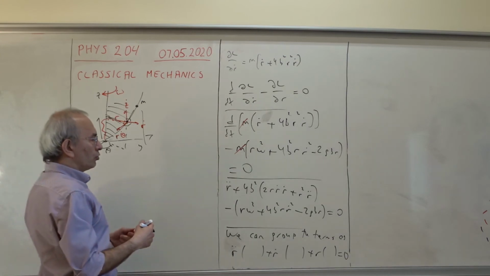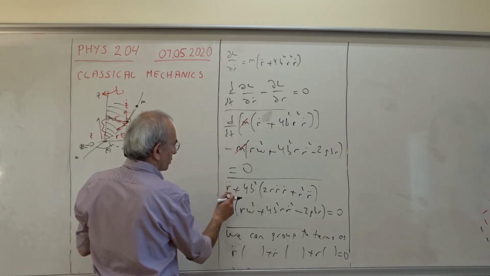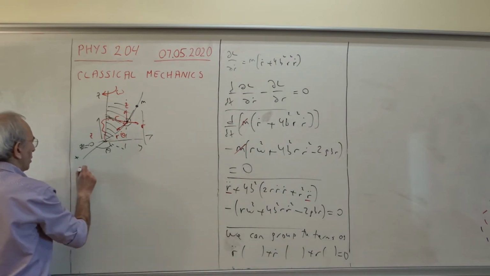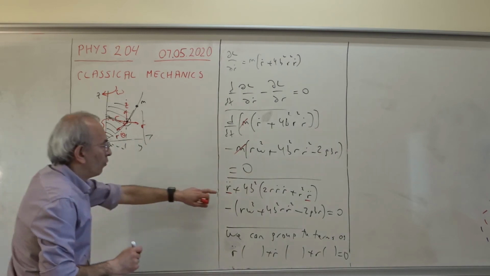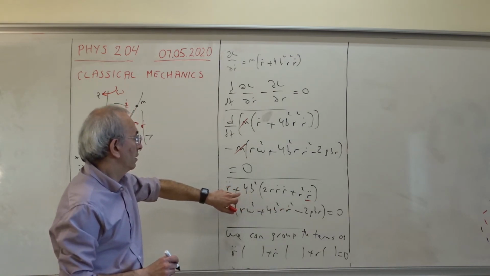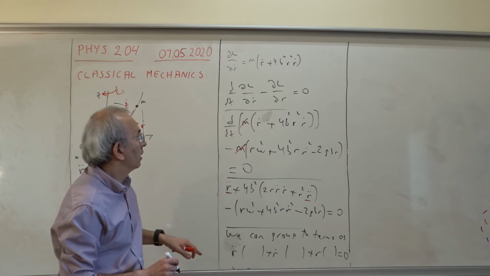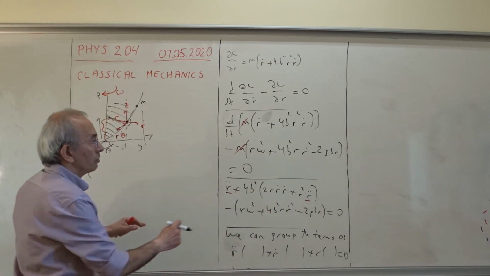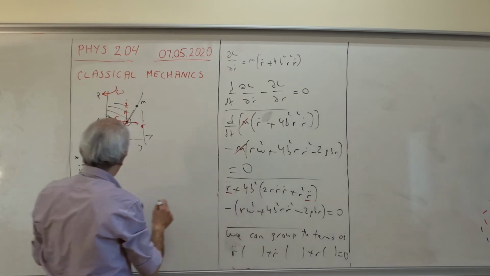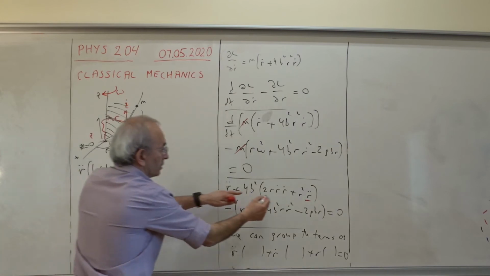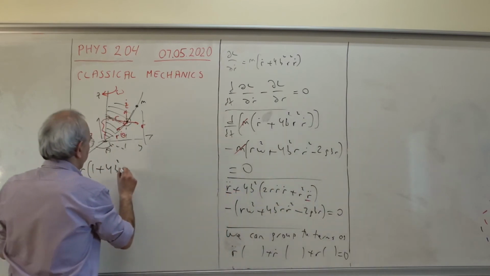So there are two terms having an r double dot dependence, this one and that one. So let's start with r double dot. R double dot multiplied by 1 plus 4b squared and the rest, because 4b squared is common. 4b squared times this thing, r squared.